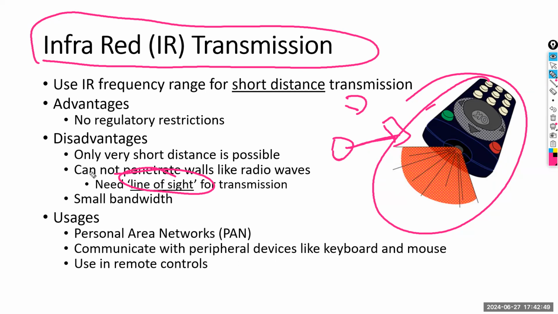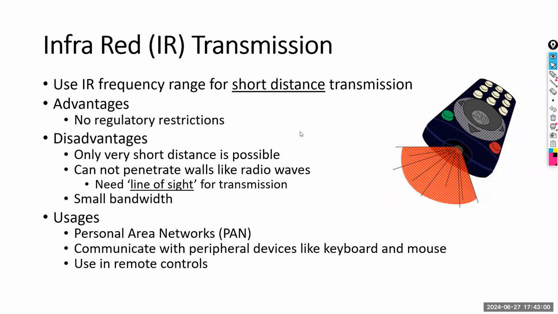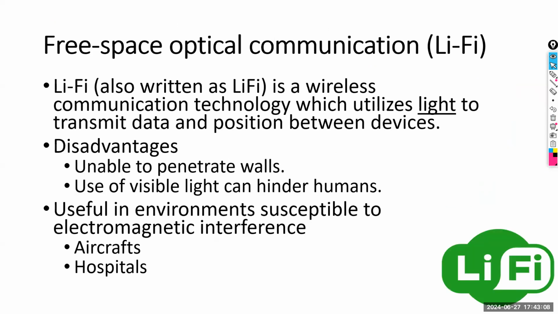Or peripherals, like maybe an infrared mouse, where communication is also infrared. Usually wireless mice use Bluetooth. So that is infrared, very weak, very short distance communication with very specific usages only.